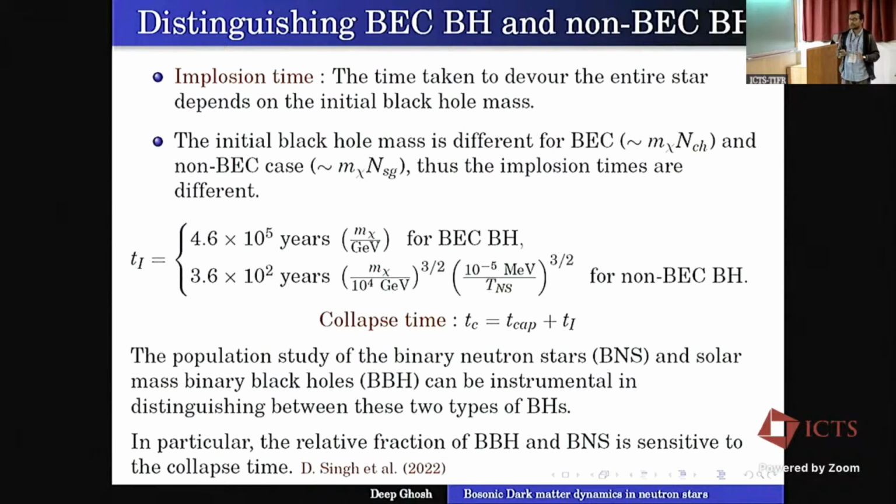The relative fraction of binary neutron stars and solar mass binary black holes is sensitive to the collapse time. So with lots of statistics coming in upcoming years, we hope that we can distinguish between these two scenarios, given that we do indeed find these solar mass black holes in future.